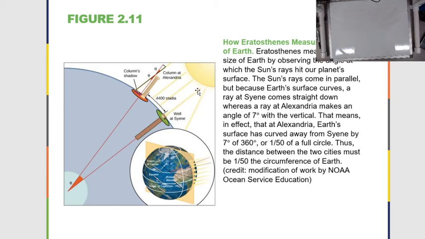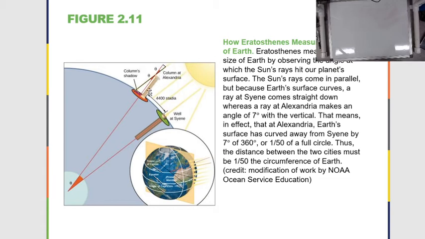And so the rays of light from the sun at noon were going straight down the well. Ignore this angled ray. This is a poorly drawn diagram. If the sun's really far away, as we mentioned earlier, all the rays are coming in parallel.